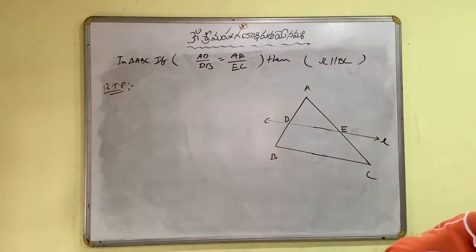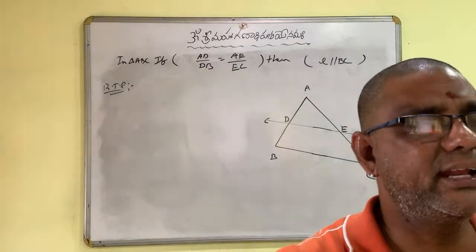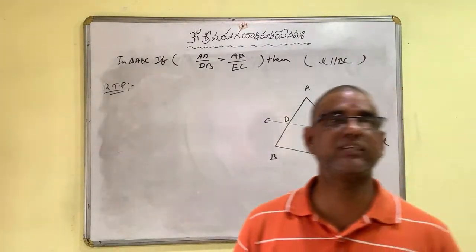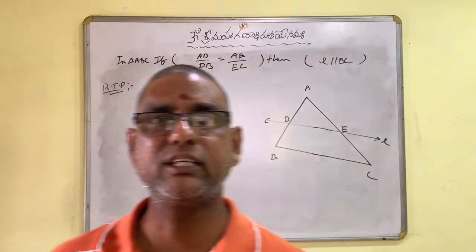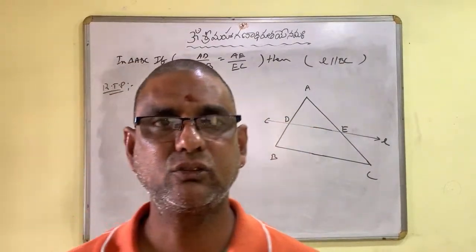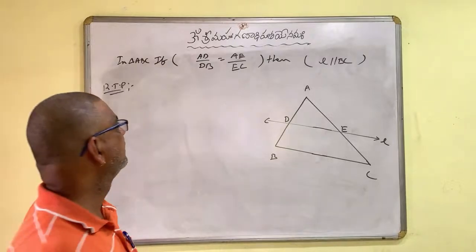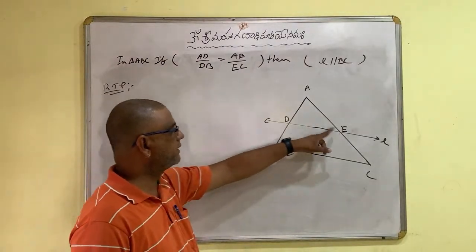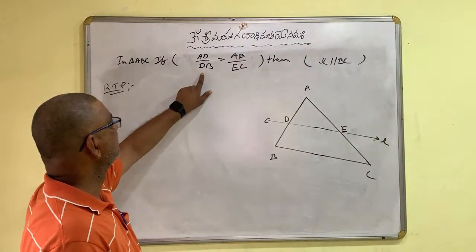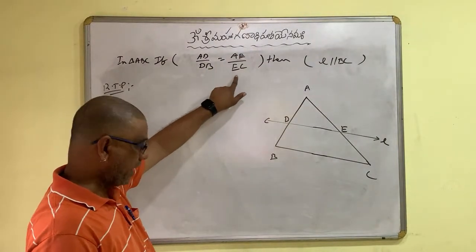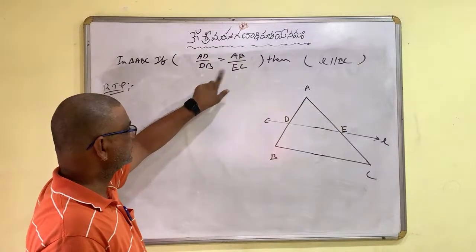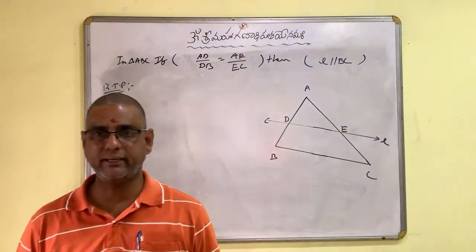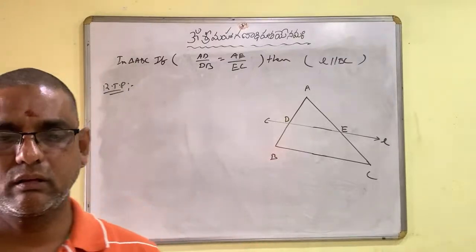So here, L divides AB and AC in the ratio AD by DB equals AE by EC. Since it is dividing in equal ratios, it is parallel to the third side. Okay?